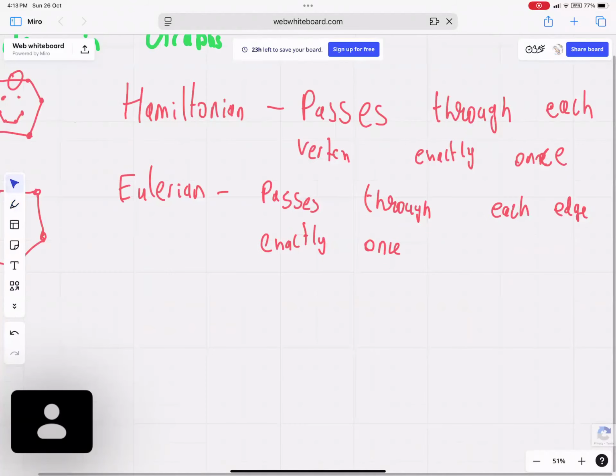The main thing about Eulerian graphs is that they have a very nice property: they exist if and only if each vertex has an even degree.